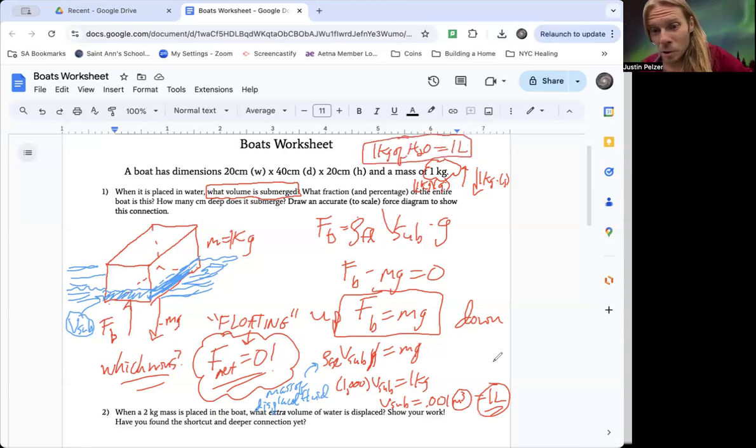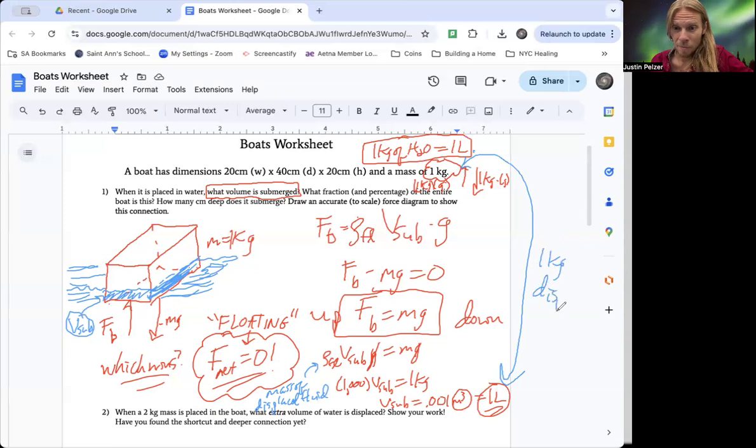If you see that shortcut, you have done the amazing conceptual and mathematical work, which was really the entire point of this project, is to have that realization. Although really the point is to go through the nitty-gritty forces, but really that coming out the other side and realizing 1 kilogram displaces 1 liter, boom, of water, of course. 1 kilogram displaces 1 liter of water.